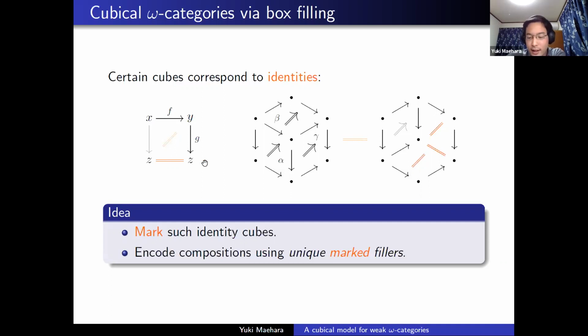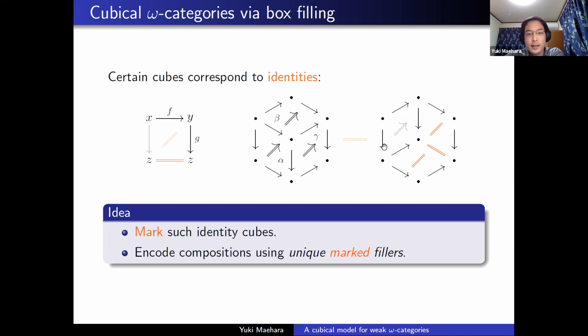And what that's saying is, if the interior is supposed to be marked, then that will basically witness that whatever ends up on this edge is a composite of F and G. So asking for a unique marked filler for this particular open box is basically the same thing as asking for a uniquely defined composite of F and G. Similarly, in the three-dimensional example, now we have this open box where we are missing this left face.